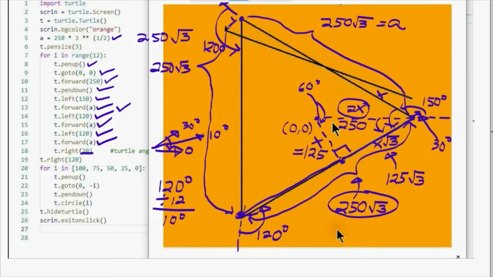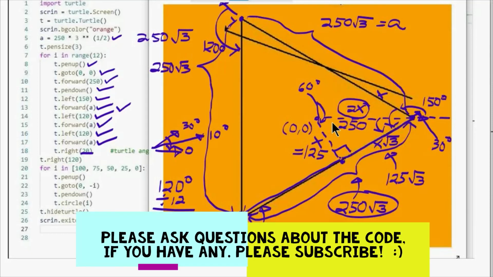What will happen after the 12 triangles is there will be a vacant space in the middle here, and I'm gonna fill that space up with just the concentric circles so that the image is going to be more attractive to look at.